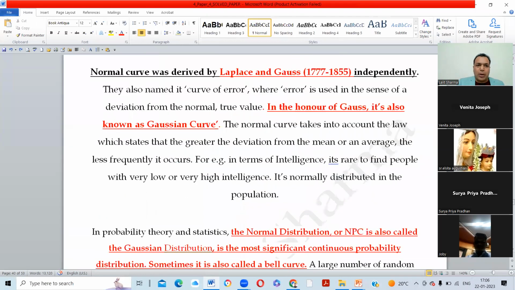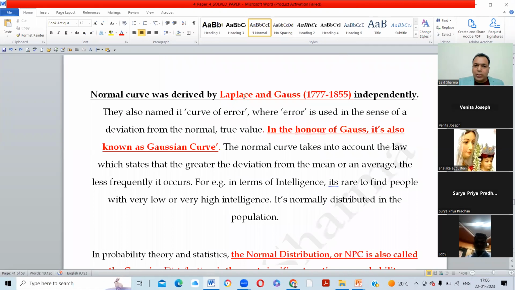Now we talk about who invented it. So guys, the normal probability curve was derived by Gauss, in 1777, between 1777 and 1855. If you don't know the date, you can leave that out and say the curve was devised by Gauss, a renowned mathematician.